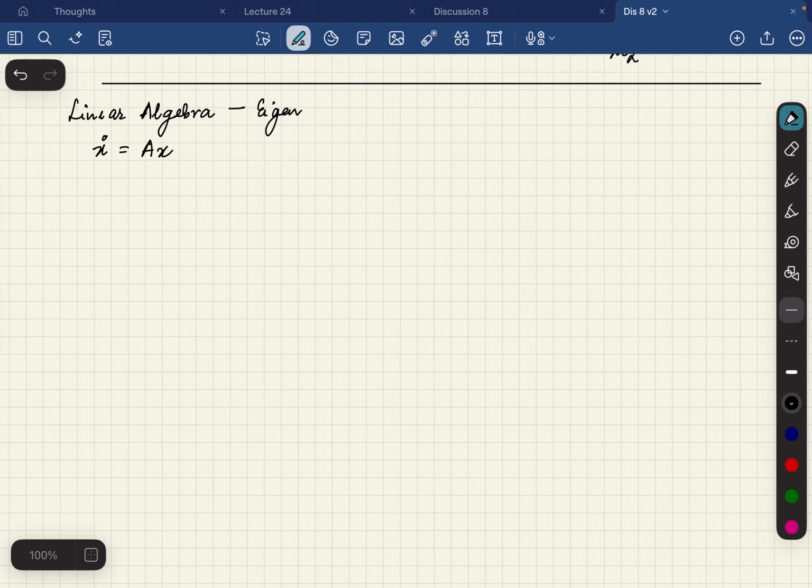and what's actually happening? If you wanted to find x at some time instant, at t equals 0 you know x naught. So you would compute x dot at t equals 0, which would be A x naught.